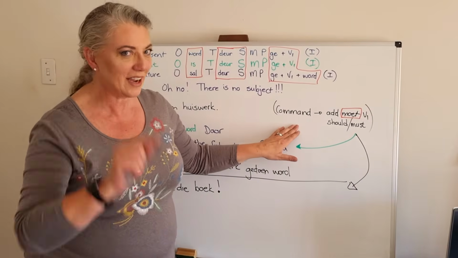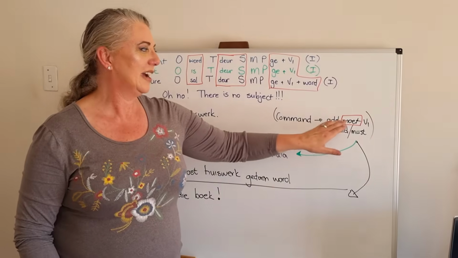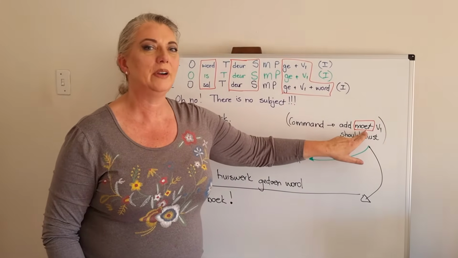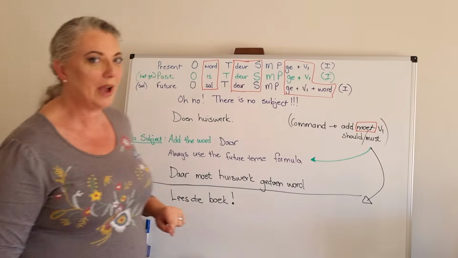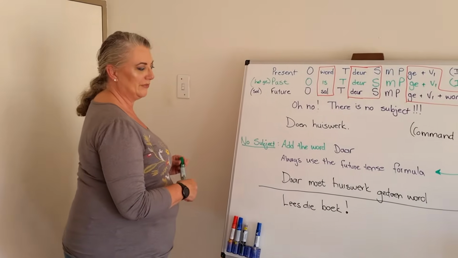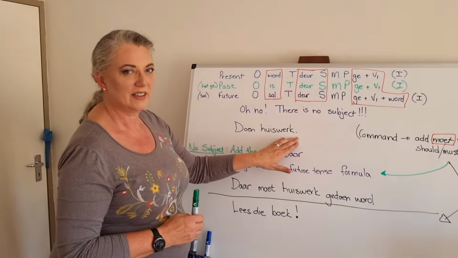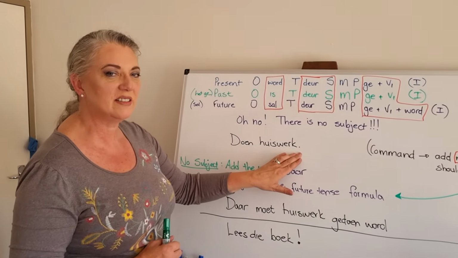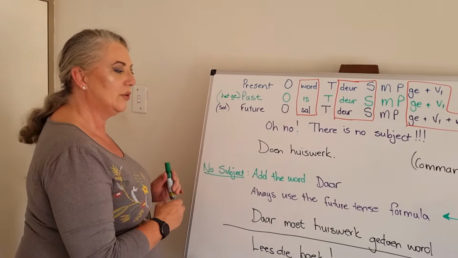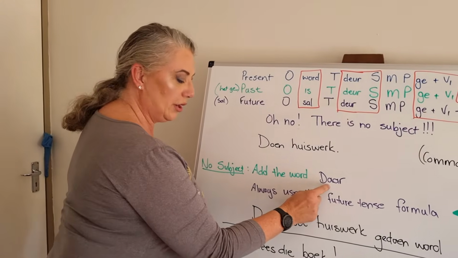In other words, I'm telling you how to do something. Then we have to add the verb moet, your helping verb. When we see a sentence like this, we always start the sentence in passive voice with the word daar.